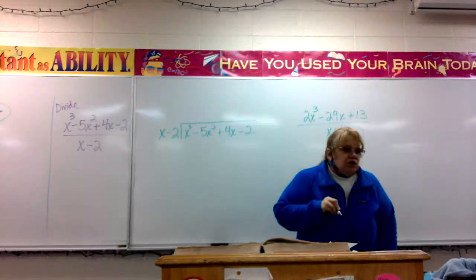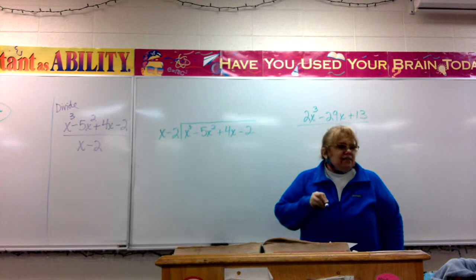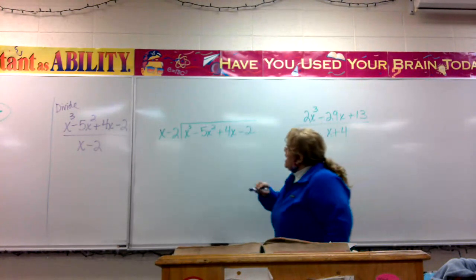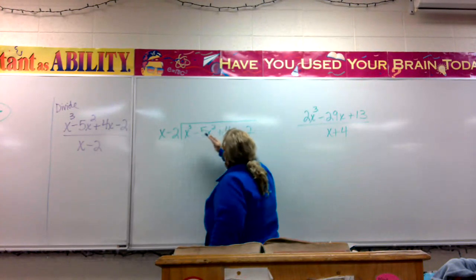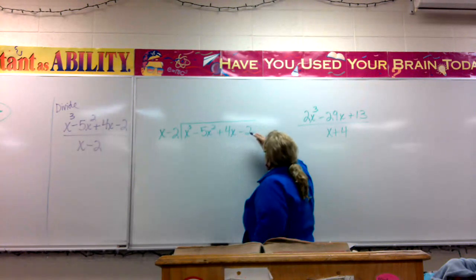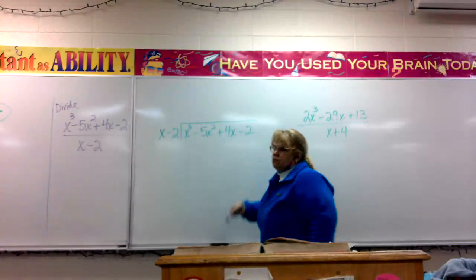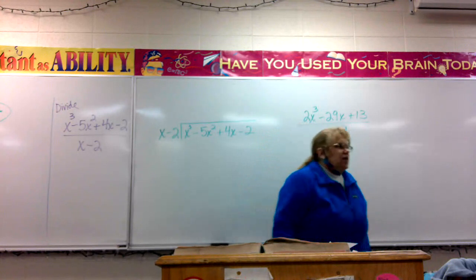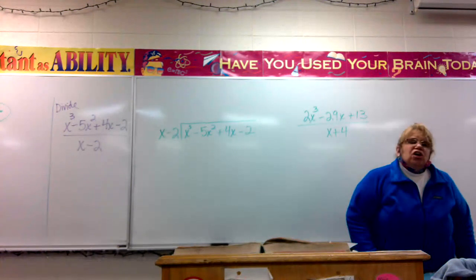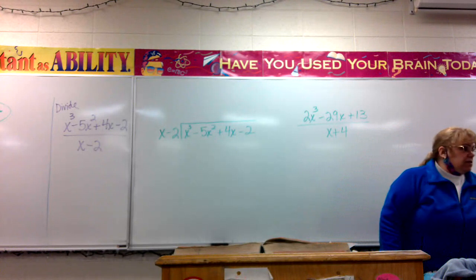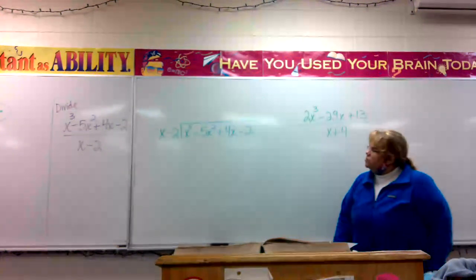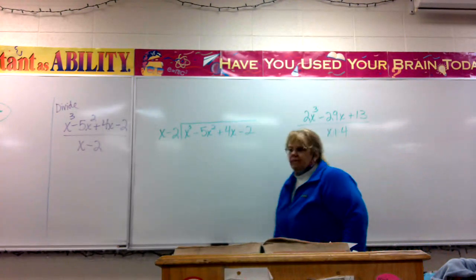If they're not in order, you've got to rearrange them. And they all have to be there. If they're not in order, you're going to end up with a big mess.